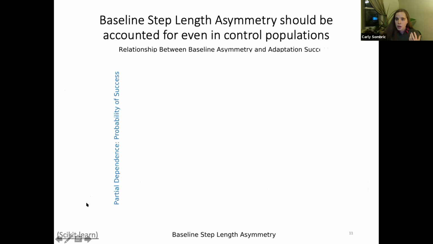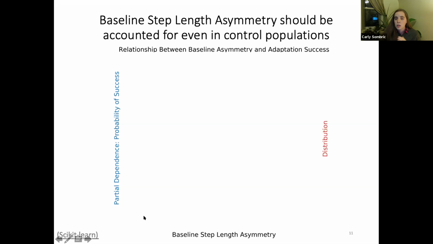To visualize the actual predictions this model makes, I'm going to show you a partial dependency plot. Along the y-axis is information about the likelihood that a given session of split belt adaptation will be successful. Higher values mean that it's more likely to be successful, and lower values mean it's less likely to be successful. Along the x-axis, I'm going to be showing you the baseline step length asymmetry values.